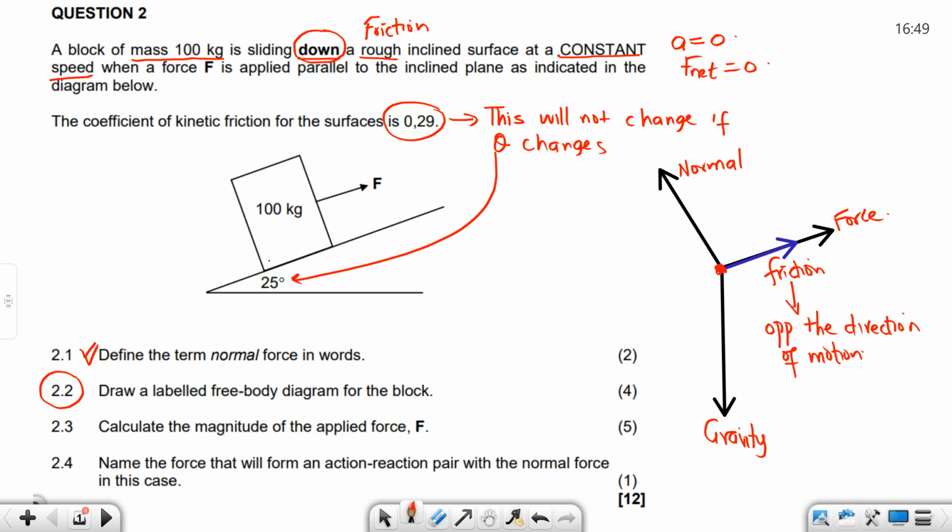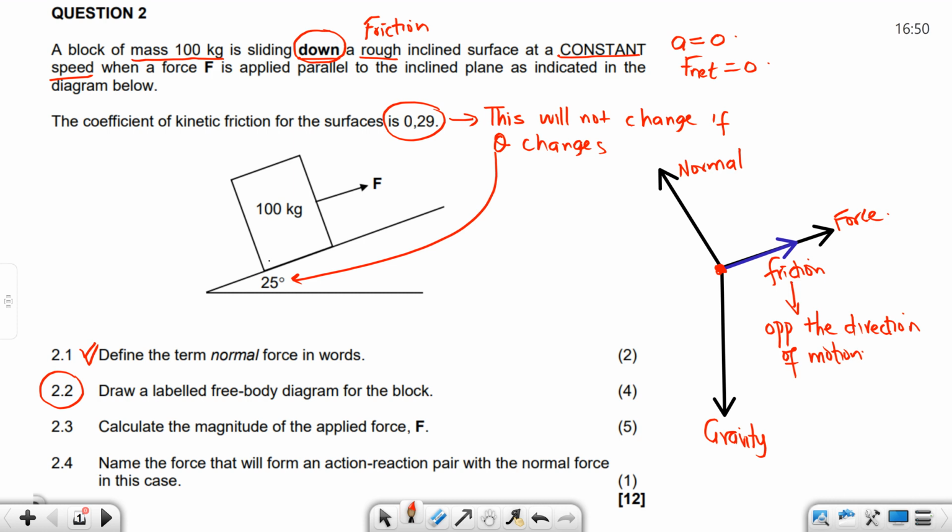Please talk to me. Are we okay? Yes, no. Quickly. Follow the definition and trust it. Friction is opposite the direction of motion. So because the object is sliding down, friction will be acting up.